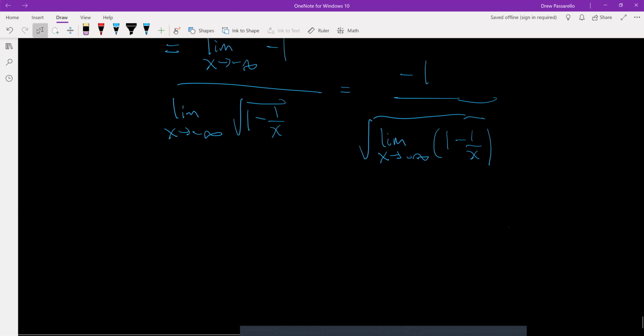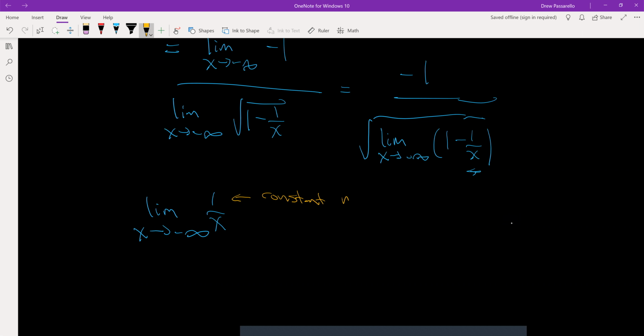All right, and if I just focus on the 1 over x part, the degree up top, so this is a constant, 1 is a constant, so the degree is 0.